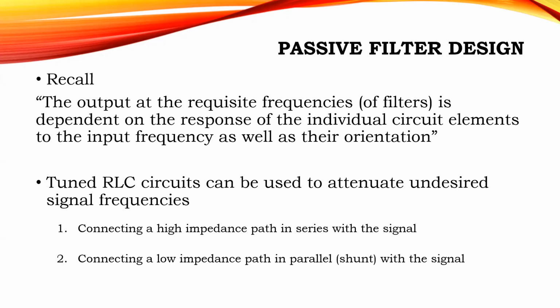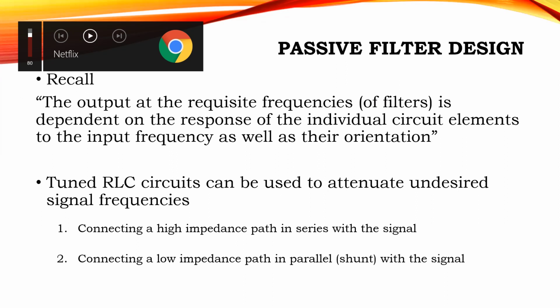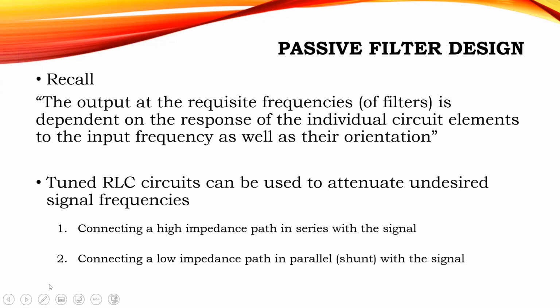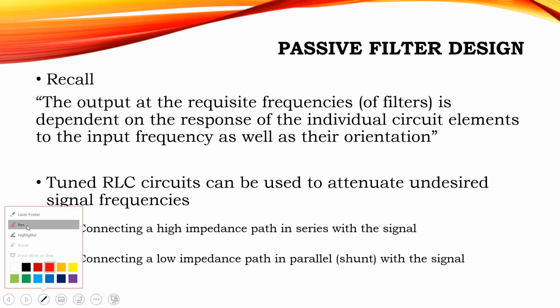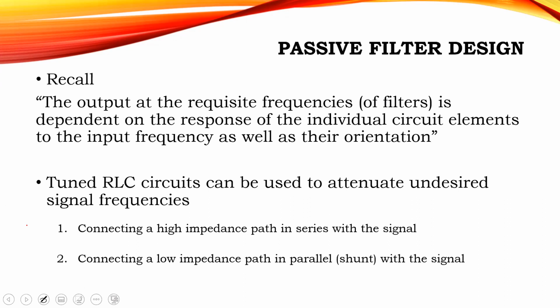So orientation and individual elements. The other thing we want to highlight is that tuned RLC circuits can be used to create our filters. The key here is that we use these RLC circuits to attenuate, and we have already gone through what that means, key here, undesired signal frequencies.